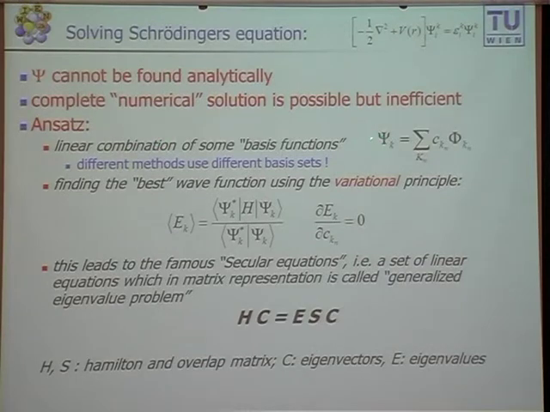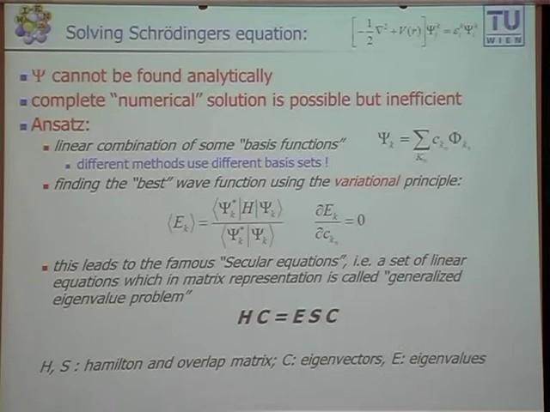So we expand our wave function in such a scheme as a linear combination of some basis functions, and different methods use different basis sets. That could be LCAO methods, where you have Gaussian functions here. That could be pseudopotential methods, which use only plane waves, or, what I have stressed, we use these augmented plane waves for these phis here. That is different in different methods. The rest is the same, basically.